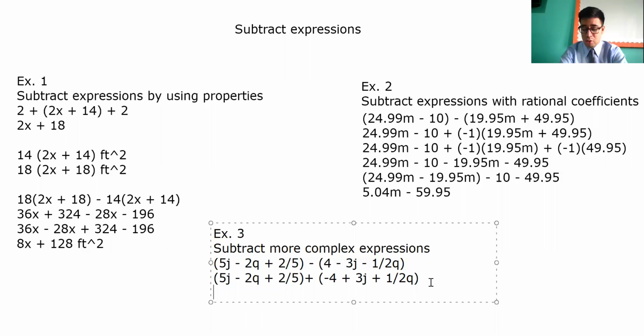And now we only need to solve. In here, we already distributed, so we can take out the parentheses, and we can order the terms that have the same variables.